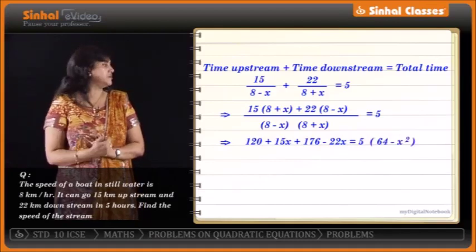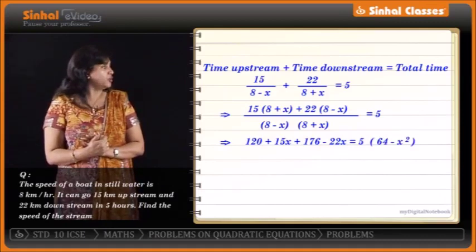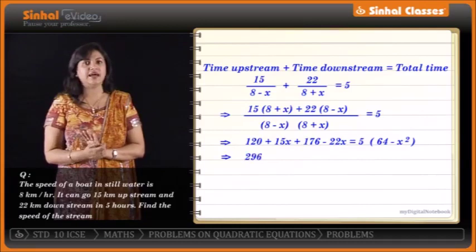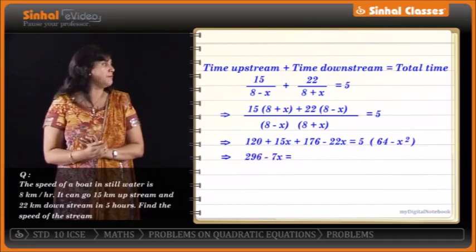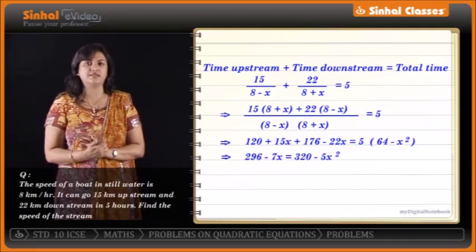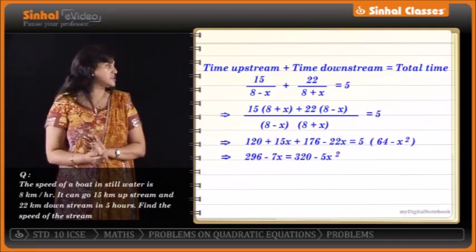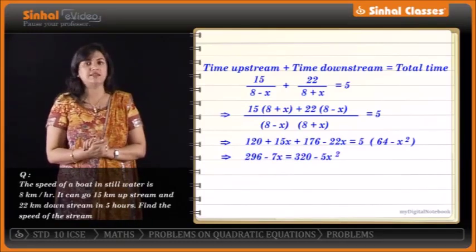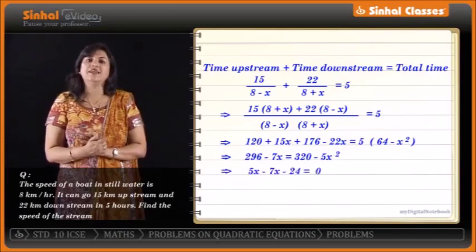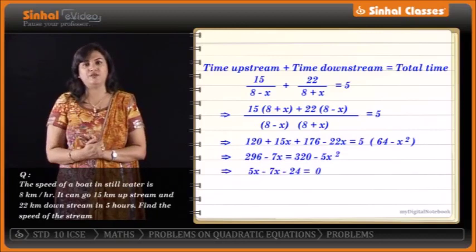Now the left side we simplify as 296 minus 7x, and the right side as 320 minus 5x square. Now take all the terms on one side. We get 5x square minus 7x minus 24 is equal to 0. Now we have got the quadratic equation.